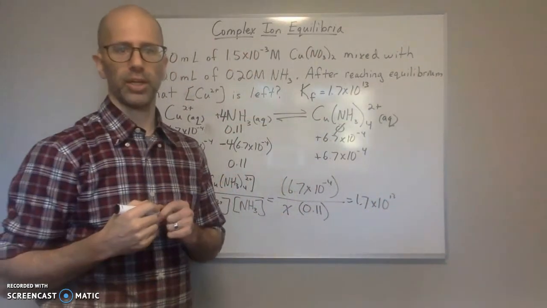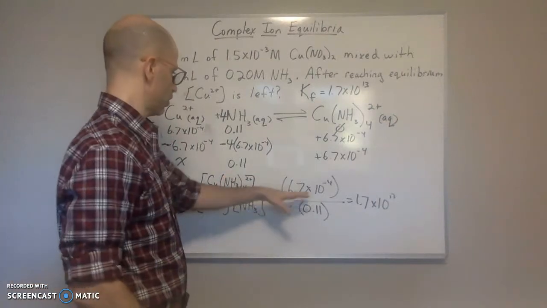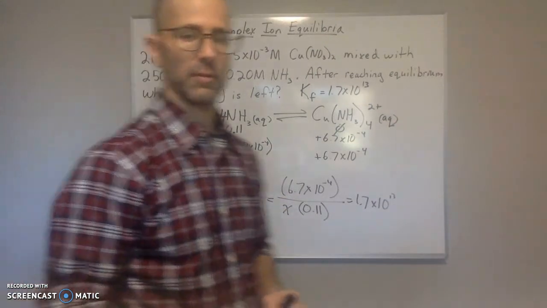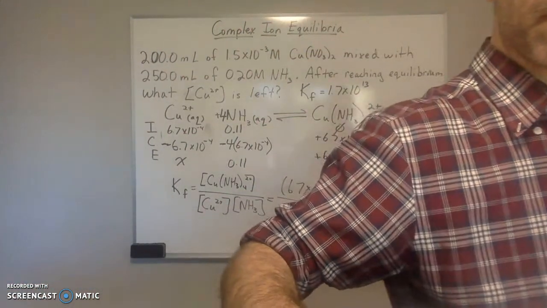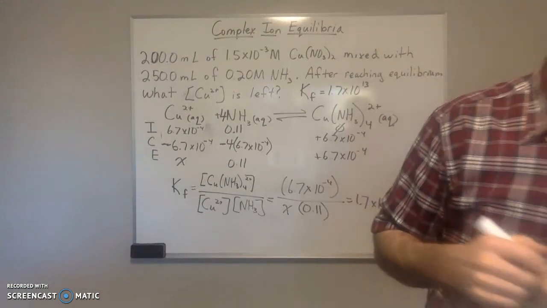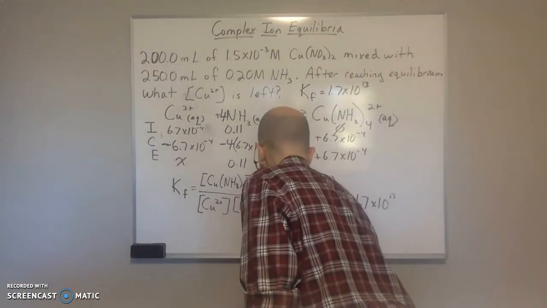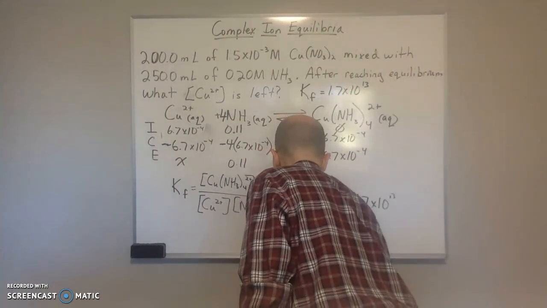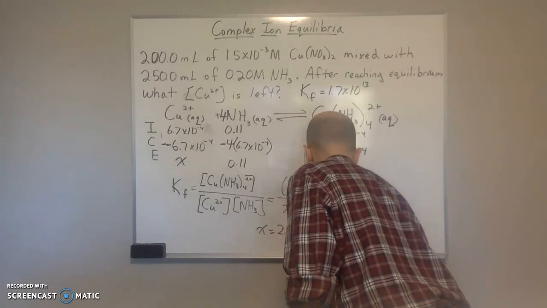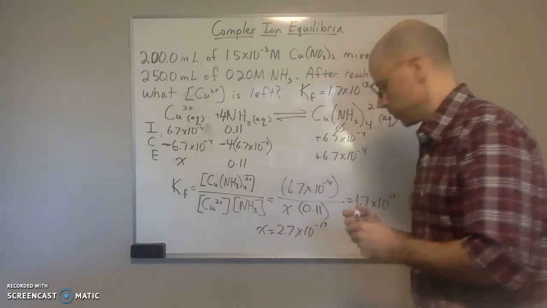And so now all we need to do is solve for X. And when you solve for X, you get 2.7. So X is equal to 2.7 times 10 to the negative 13.